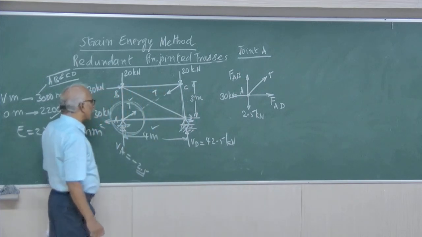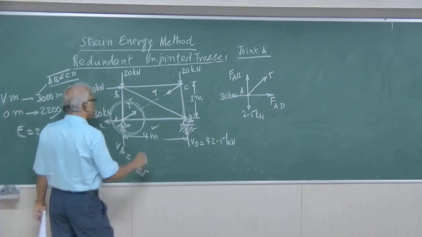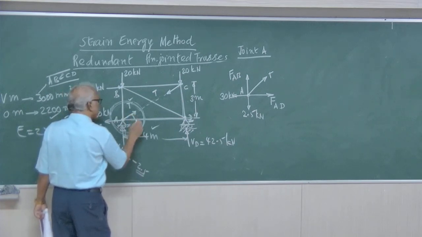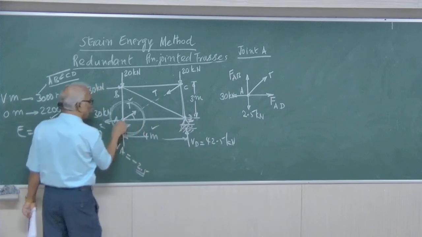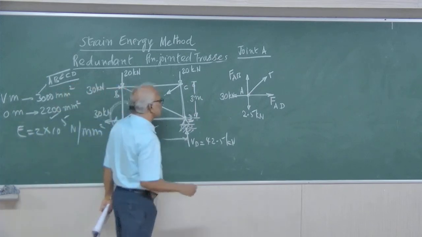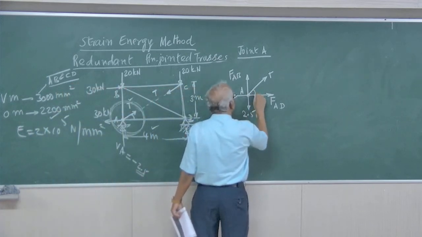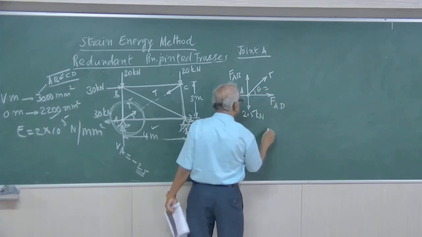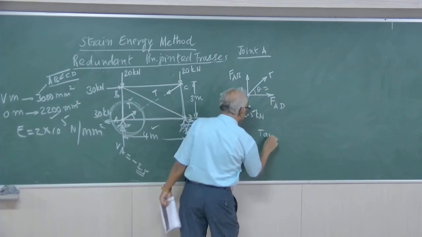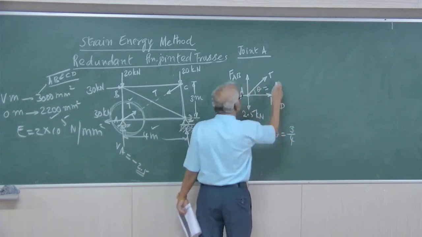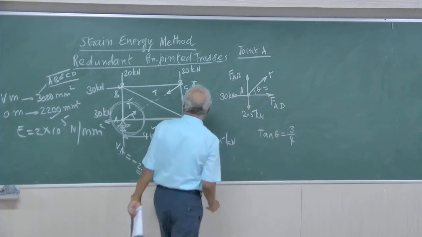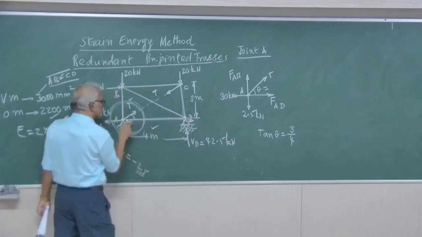Then coming to the angle, you find out this angle. Let us call this theta. Tan theta equals 3 by 4, opposite side by adjacent side. Opposite side is 3 meters, adjacent side is 4 meters.